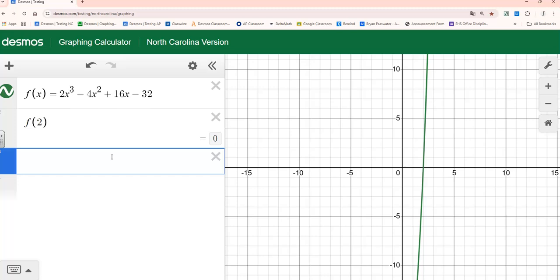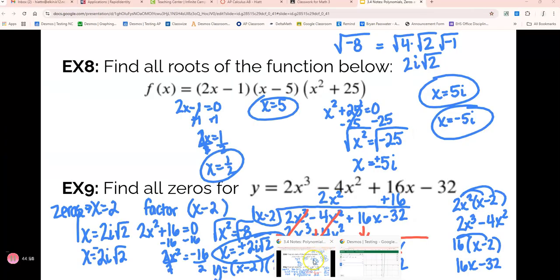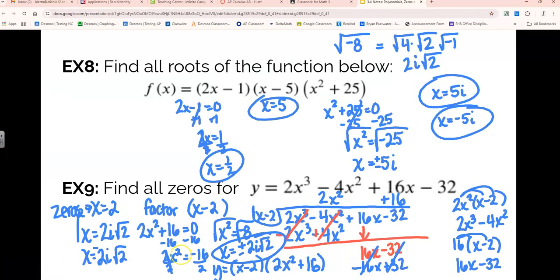Let's see if it does it with i's. f of 2i square root 2. No, it does not recognize i as that. What if I did square root of negative 8? Desmos can't handle that. So if you have imaginary roots, you're on your own on that. Desmos will help you find the real ones, but not the imaginary ones.